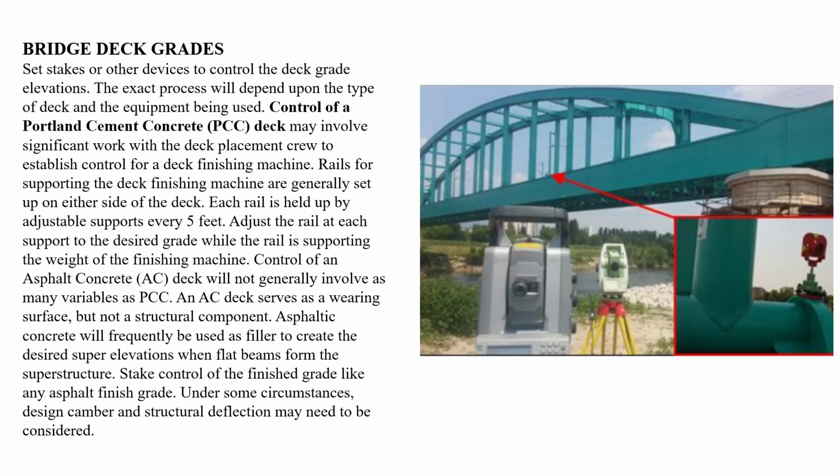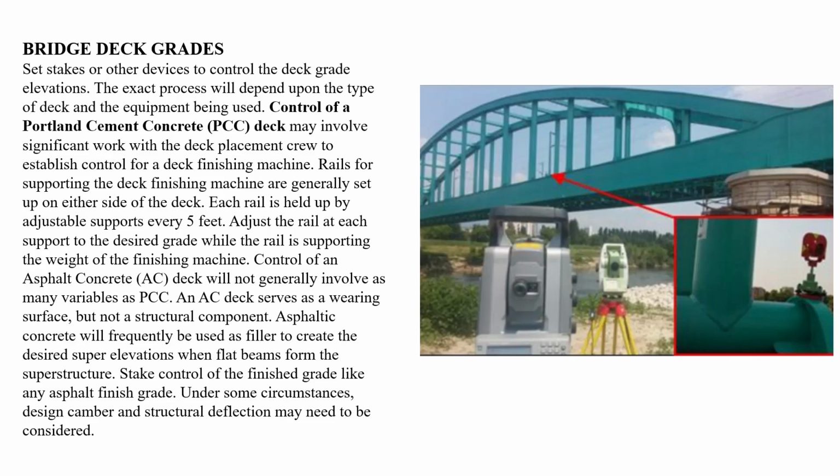Bridge and deck grades. We set stakes or other devices to control the deck grade elevations. The exact process will depend upon the type of deck and the equipment being used. Control of a Portland cement concrete deck may involve significant work with the deck placement crew to establish control for a deck finishing machine.